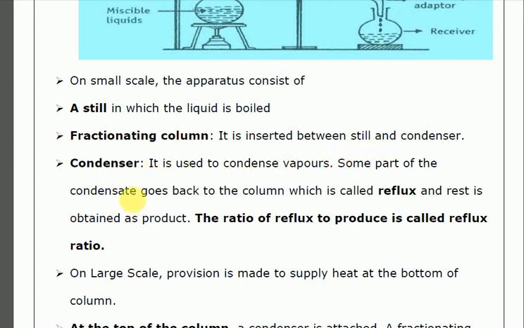Some part of the condensate goes back to the column. I already told you this. This is known as reflux, okay, and the rest is obtained as product. The ratio of reflux to product is known as the reflux ratio. If the reflux ratio is high, the condensation process is much more efficient.